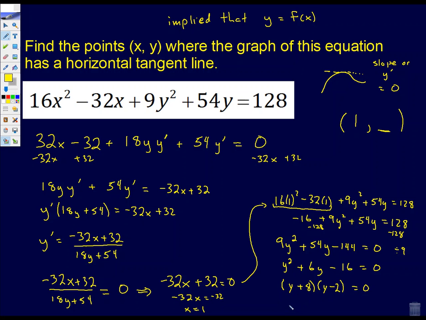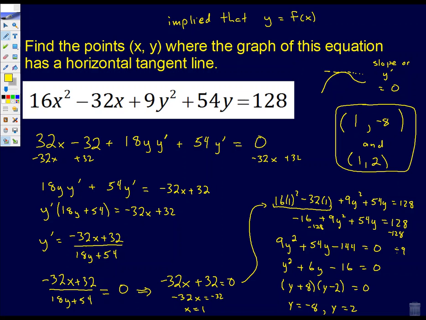And solving each of those equal to 0, my y is either -8 or y equals +2. So that tells me I actually have two ordered pairs. One of them is going to be 1, -8. And the other one is going to be the ordered pair 1, 2. They both count.